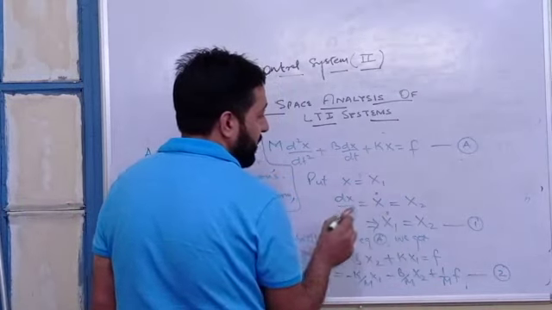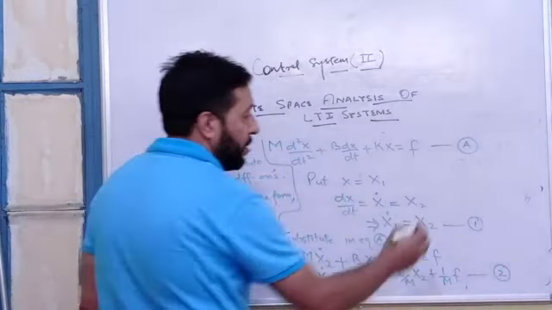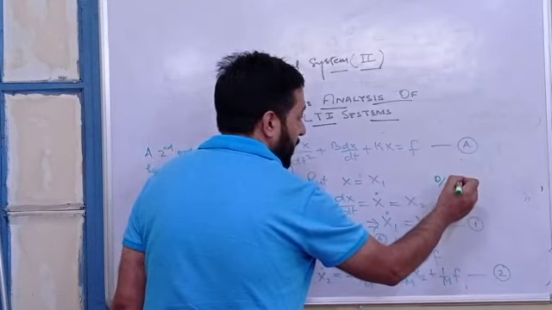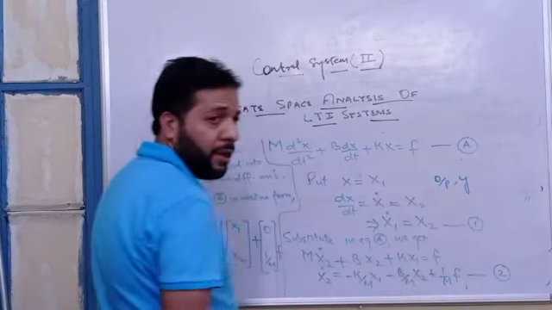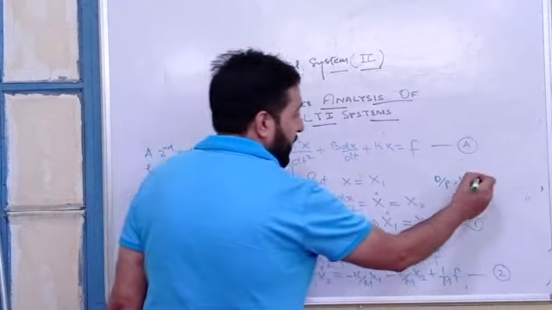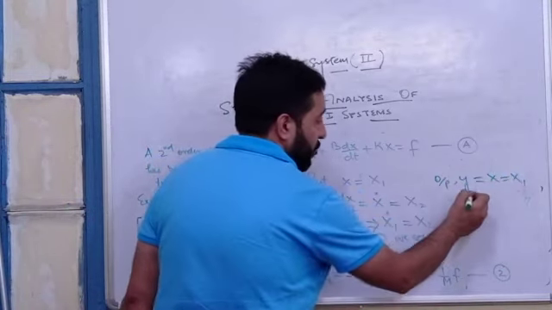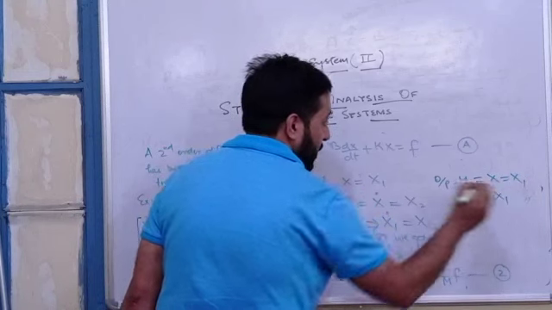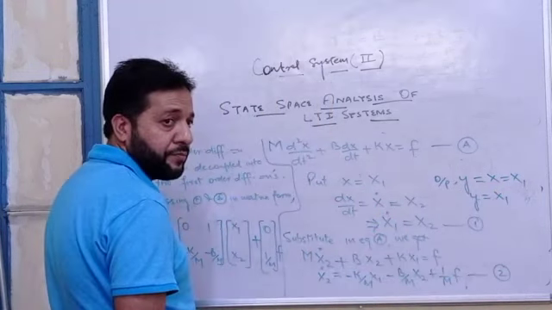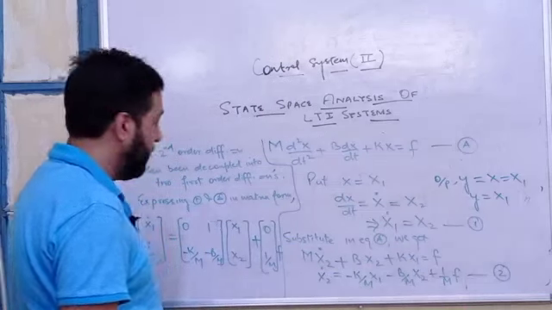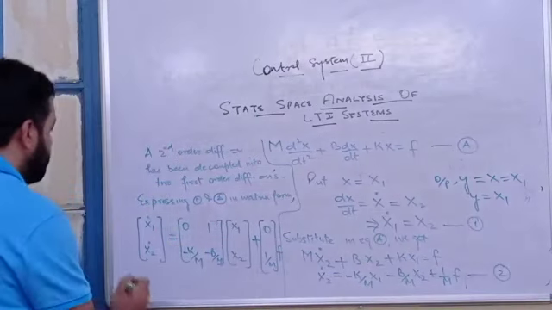So once I have defined this thing, I have put x equal to x1 and dx by dt equal to x2. So output y, I'll name output as y. That's equal to x, which is in turn equal to x1. So y is basically equal to x1. Are you getting me? So what does the output equation then become?